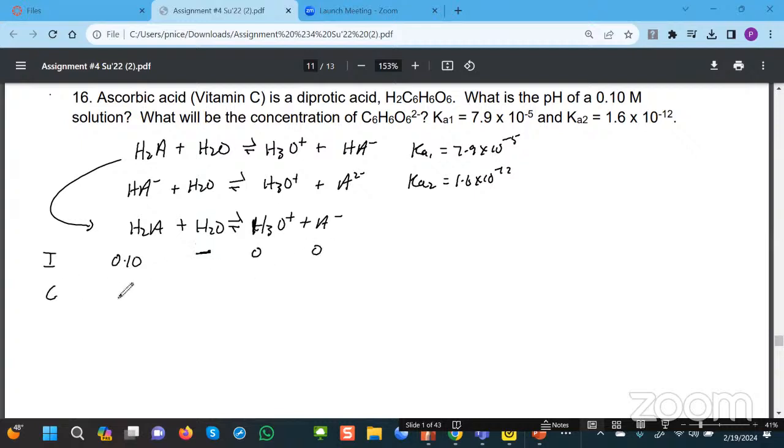And then the change here would be minus X, where X represents the amount of H2A that reacted. The change for the hydronium would be plus X, and the change for the A minus would be plus X, right?